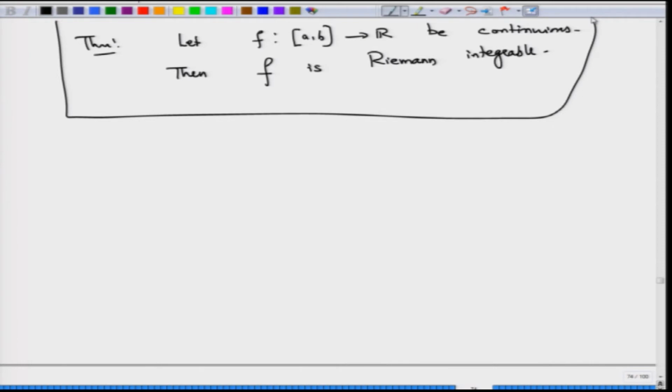At the very beginning of Riemann integrability, we have seen that even a discontinuous function can be Riemann integrable. So, it is not necessarily true that if it is Riemann integrable, then it is going to be continuous. Now let us recall very quickly what Riemann integrability is.